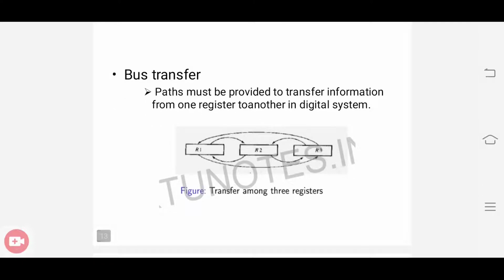For moving the content of one register to another register, we can use a communication path. They are actually known as a bus. For transferring information among three registers, by using this figure, we can see that there are 6 paths.